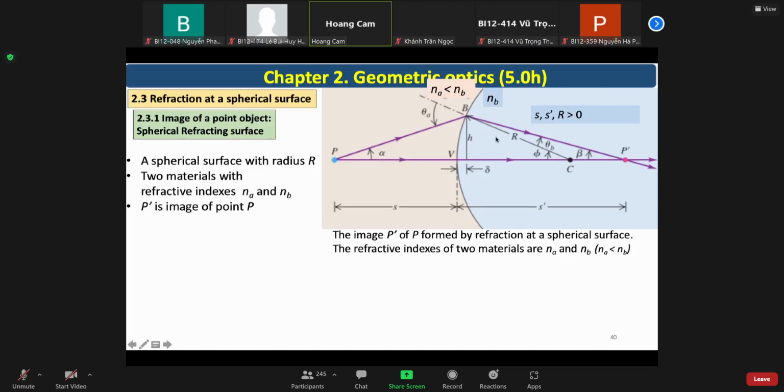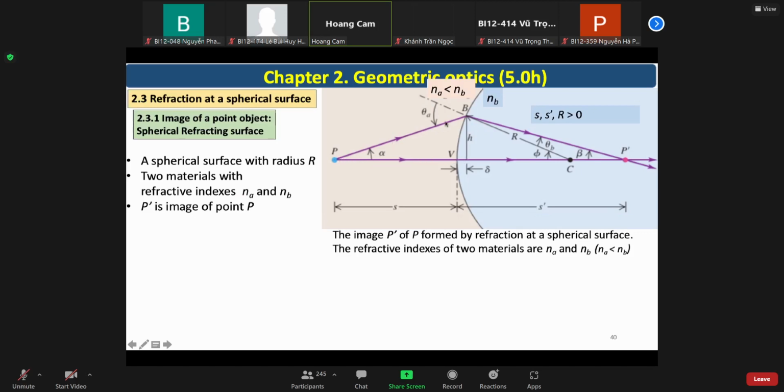Here we see material A and material B. Showing you in these figures, we can see a spherical surface with the radius of curvature r, and there are two materials with refractive indices A and B. If we have the point object P here, in order to find the image of this object, we will draw the incident rays.